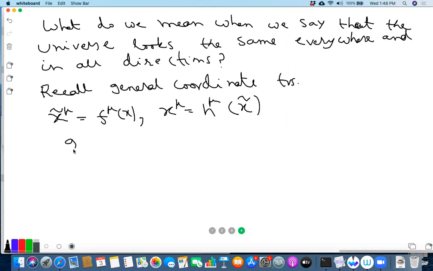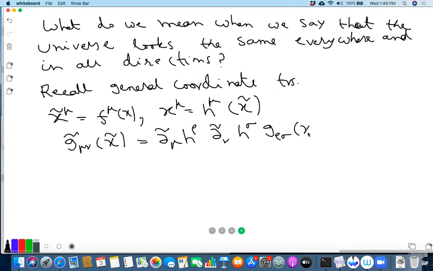And we know that g tilde mu nu of x tilde is given by this formula. Okay, and you can invert this to write g also in terms of g tilde. Okay, the inverse transformation. So this is a general coordinate transformation.